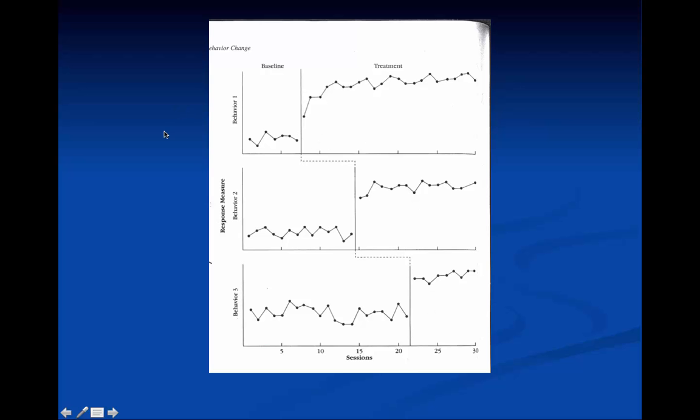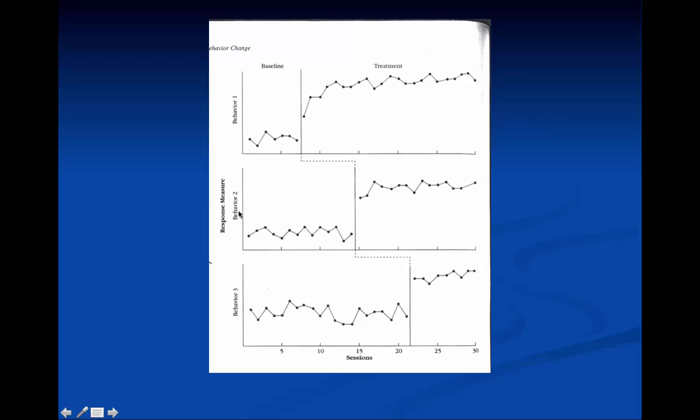That's really how you demonstrate your functional relationship, and that's the mechanism used in any of these multiple baselines, whether they be across behaviors, as in this case, across subjects, these could be individuals, or across situations or locations, settings.